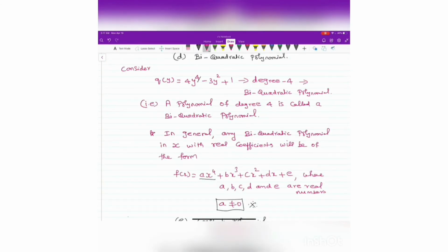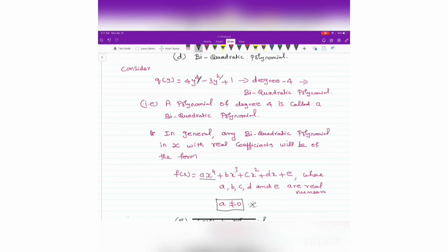Already we have learnt about biquadratic polynomial. I told you if the degree of the polynomial is going to be 4, then we call that polynomial a biquadratic polynomial. So this is what we discussed earlier. If you see the power, you are having 4, then 2, here it is going to be y power 0.